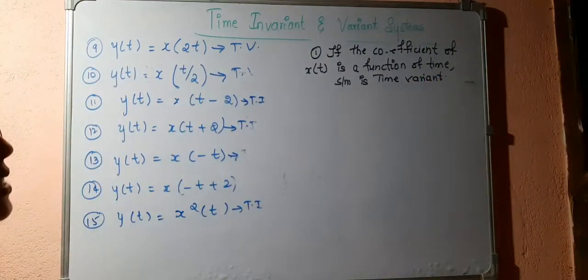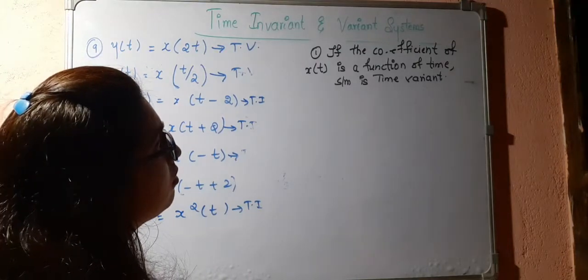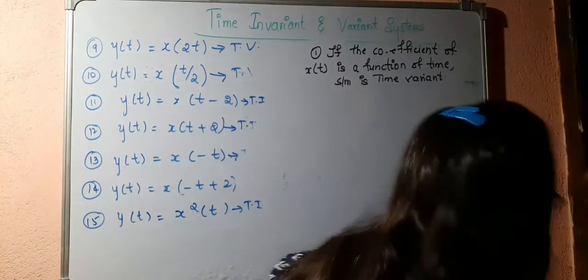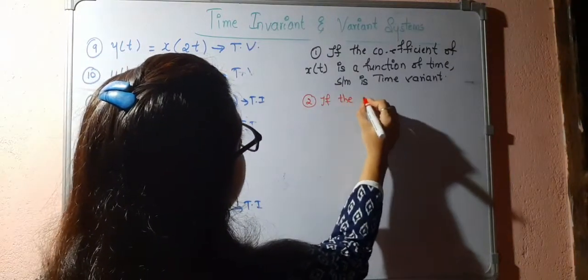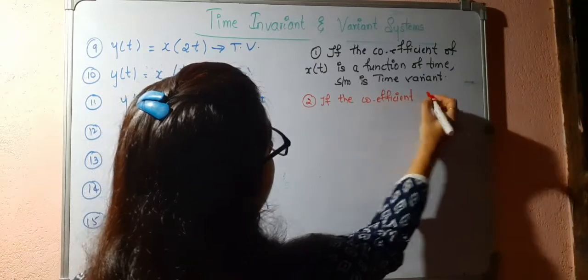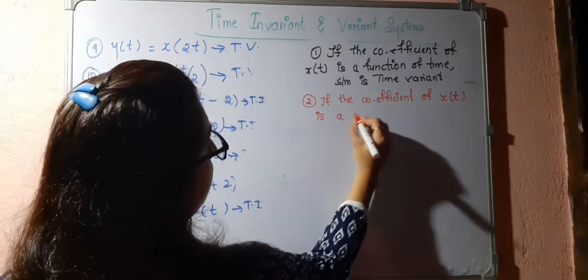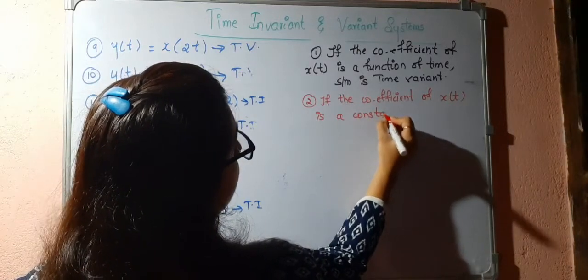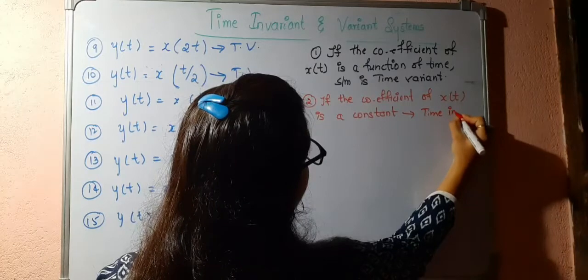Okay, the system is time variant. Next, if the coefficient of x of t is a constant, then it is time invariant.